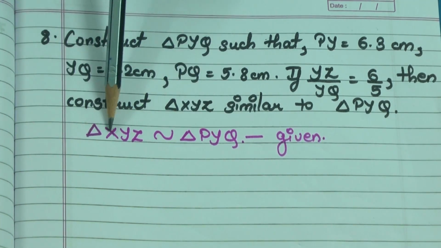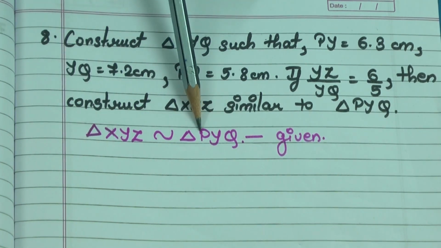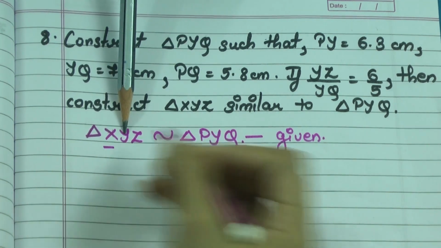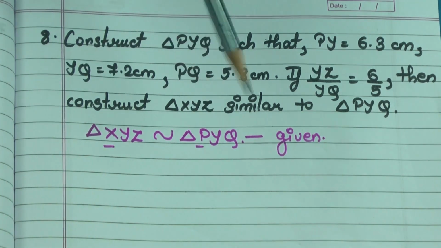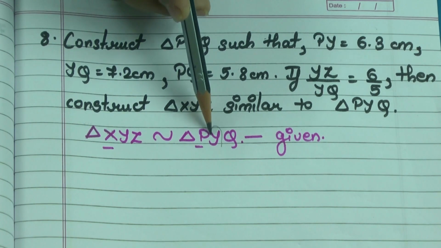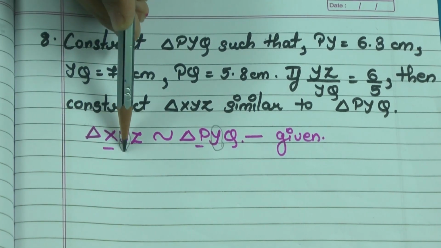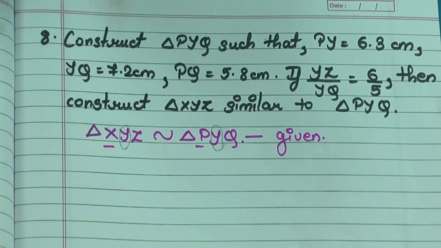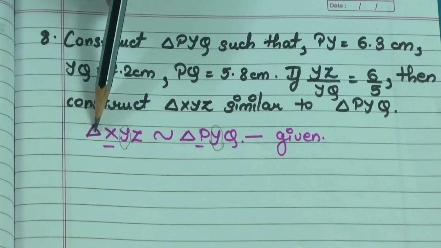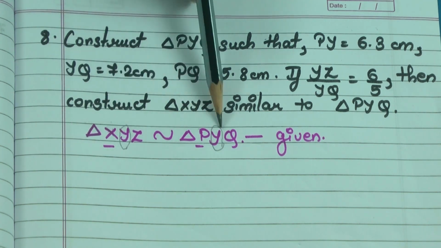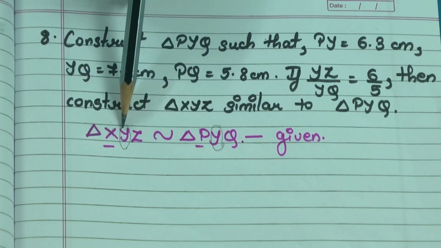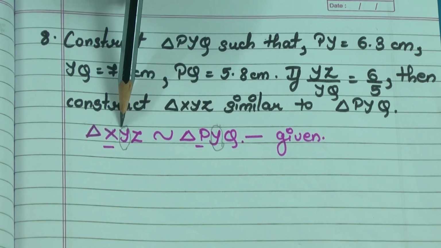Now children, see, angle X will be equal to angle P, angle Y will be equal to angle Y. So we can see here angle Y is common in both. So these two triangles are not separate, they are not different. They are overlapping one another. They are sharing the common vertex.